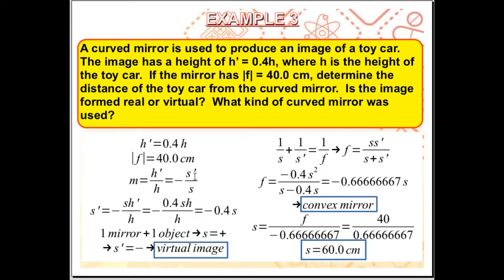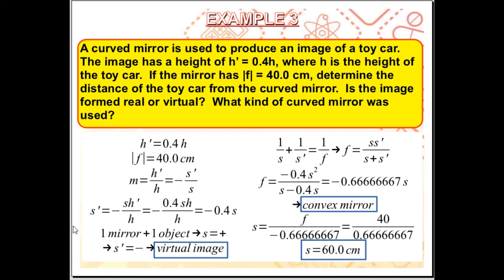If we isolate s prime, you have s prime is equal to negative s h prime over h. h prime is 0.4 h. We can cancel out h, leaving us with s prime equal to negative 0.4 s.